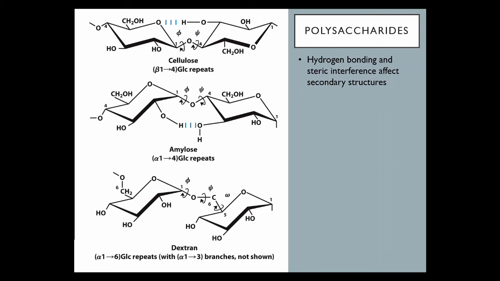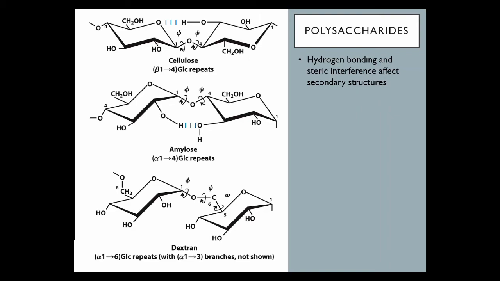Okay, one more thing about polysaccharides, and that is that, like proteins and like nucleic acids, they have some secondary structures. Using the analogy with proteins, the primary structure of a polysaccharide would be the sequence of monosaccharides that make it up, and the way they're connected.